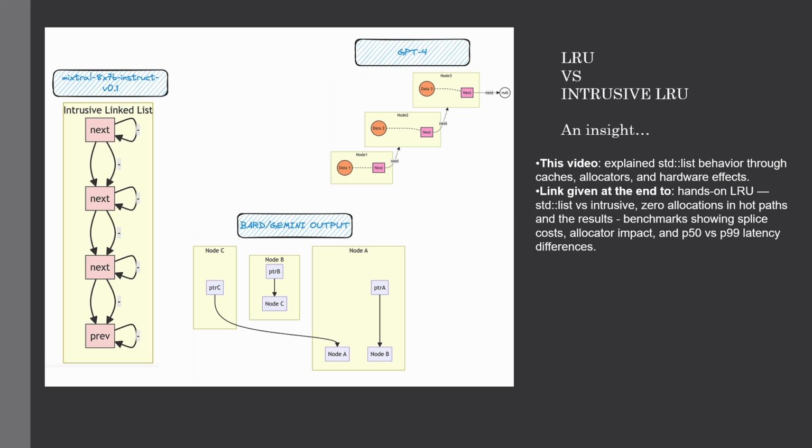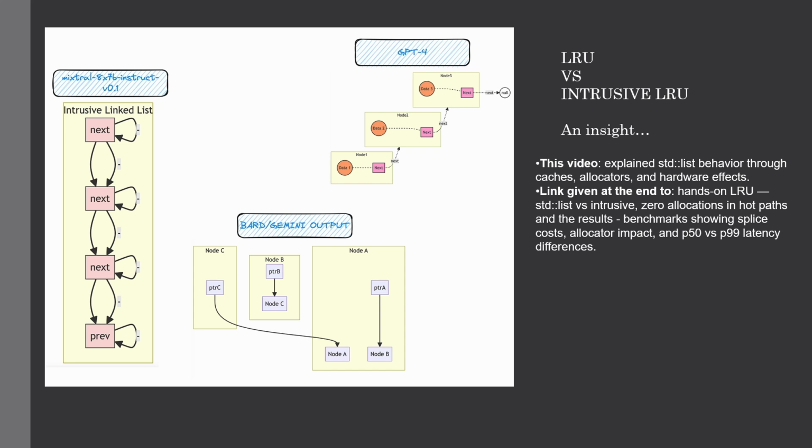And a low latency engineer does not ask whether list is big O of 1 or not. They ask whether it is predictable, cache friendly, and allocator free. By those criteria, list is almost always the wrong tool, and understanding exactly why is a foundational step towards writing better systems code.